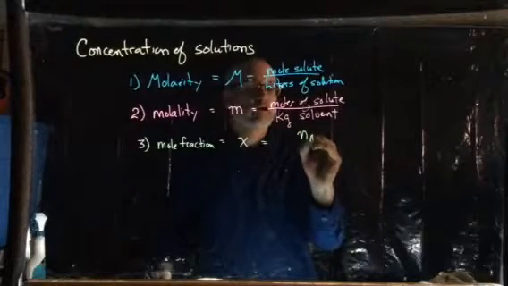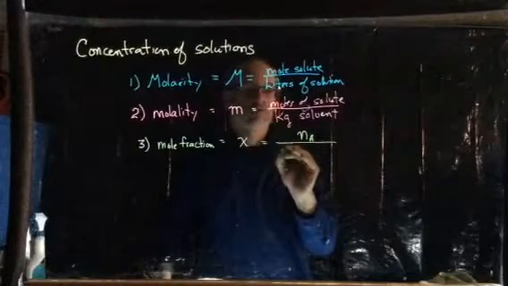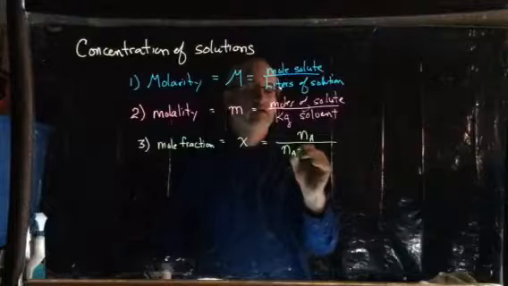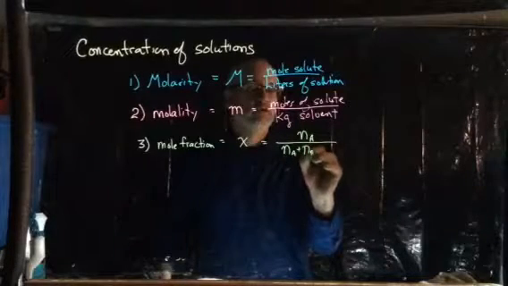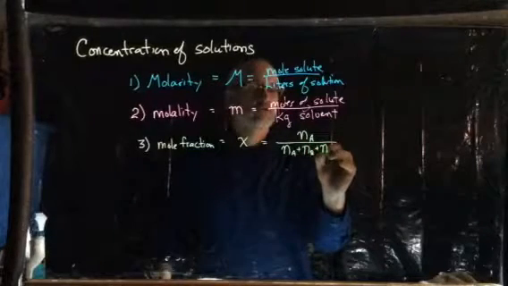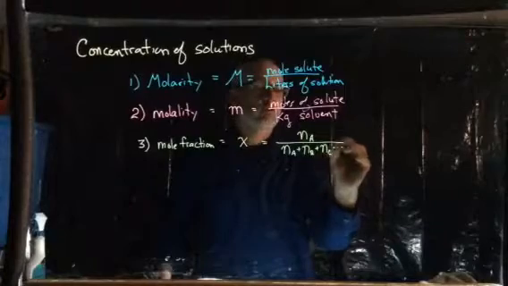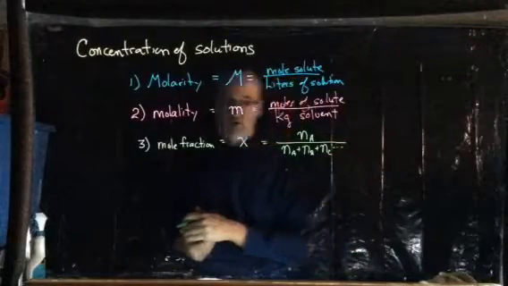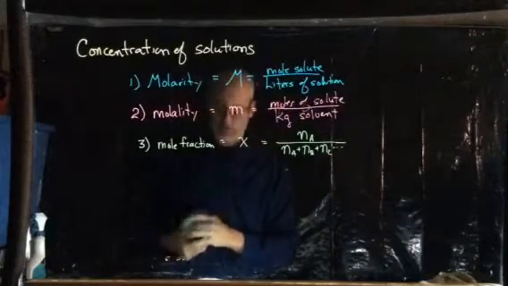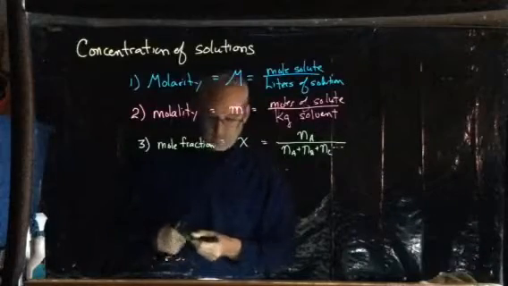N of A all over moles of A plus moles of B plus moles of C, whatever's in the solution. So that is mole fraction.